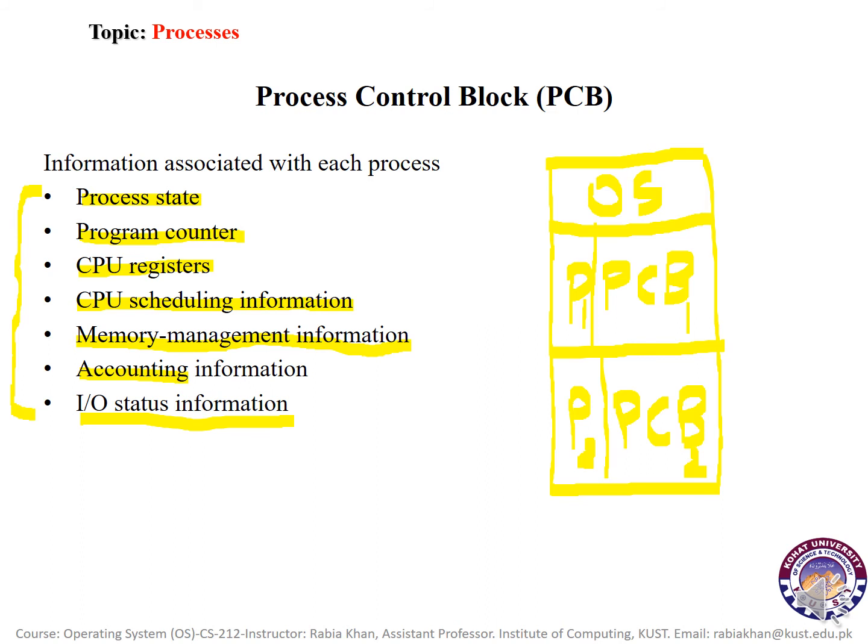So this is a list of some of the information which a process must have to tell the operating system what it has to do next. When a process comes in the ready queue, the operating system generates its PCB and keeps on looking at the PCB in order to know what the process would require next.